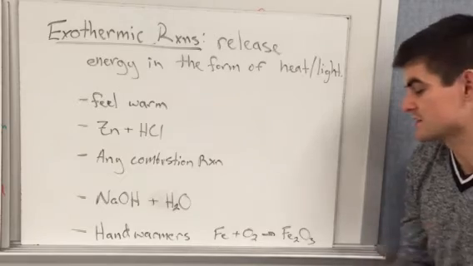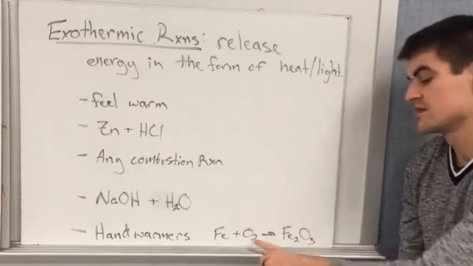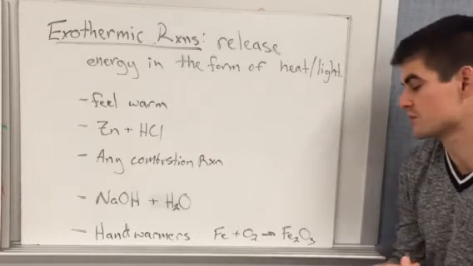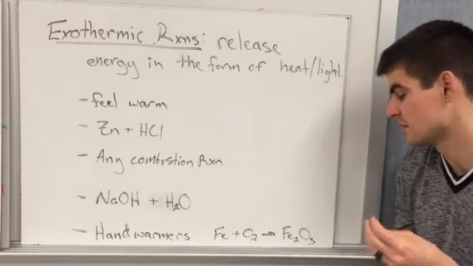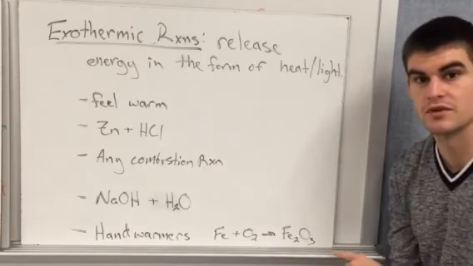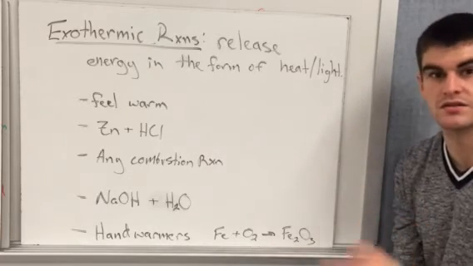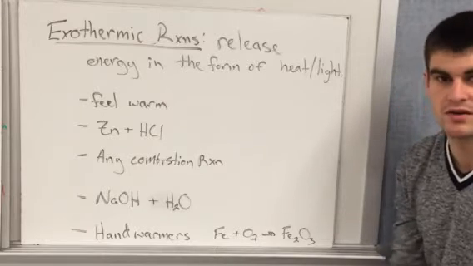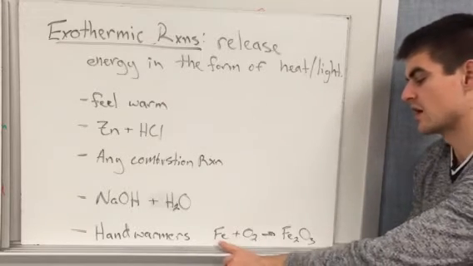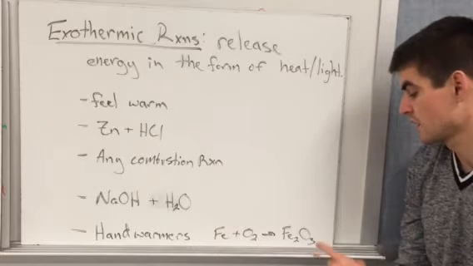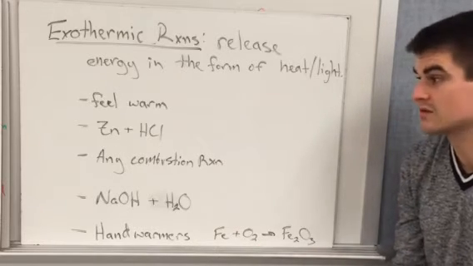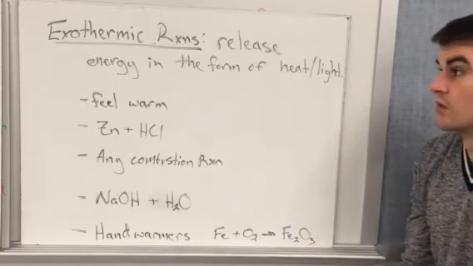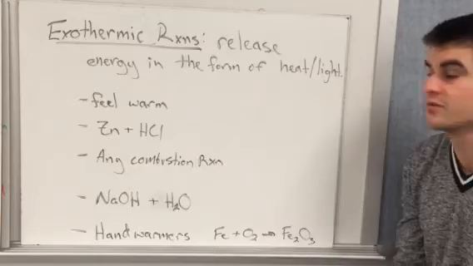When you open the plastic container that they're in, that allows oxygen in through that white paper or cloth barrier, and all you're doing is forming rust in there. Now there's a catalyst in there to keep this at a certain rate, but that's how hand warmers work. It's really the reaction of iron and oxygen to make iron oxide, to make rust. So that's a practical application for exothermic reactions. It keeps your hands warm when it's cold outside.